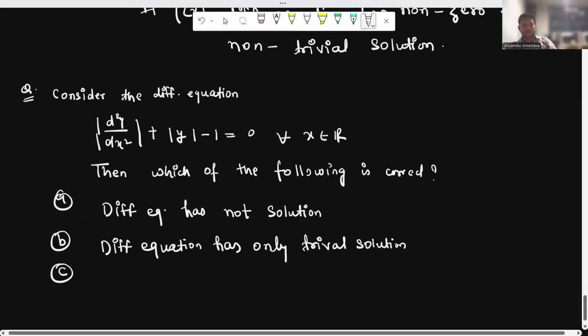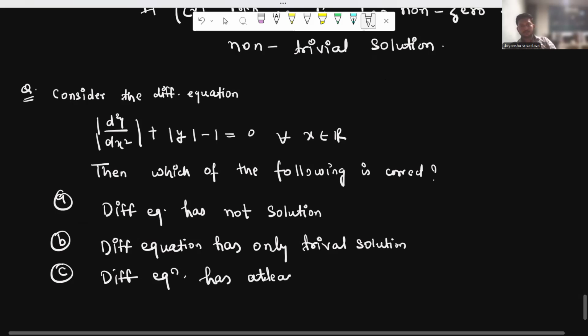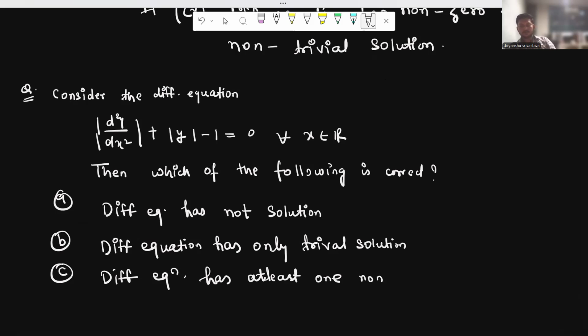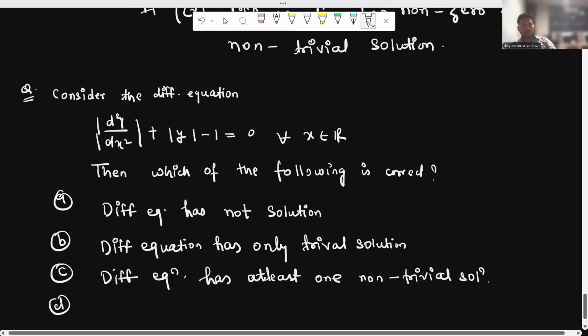C option is: the differential equation has at least one non-trivial solution. And D option is none of these.